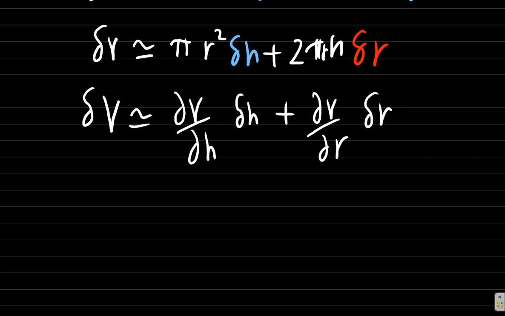So here we have change in volume is approximately equal to the partial derivative of volume with respect to height times a small change in height plus the partial derivative of volume with respect to r times a small change in r. All right, so this is a certain equation that we'll be using, not just as it applies to the cylinder, but other things as well. So we'll continue talking about it in one video.